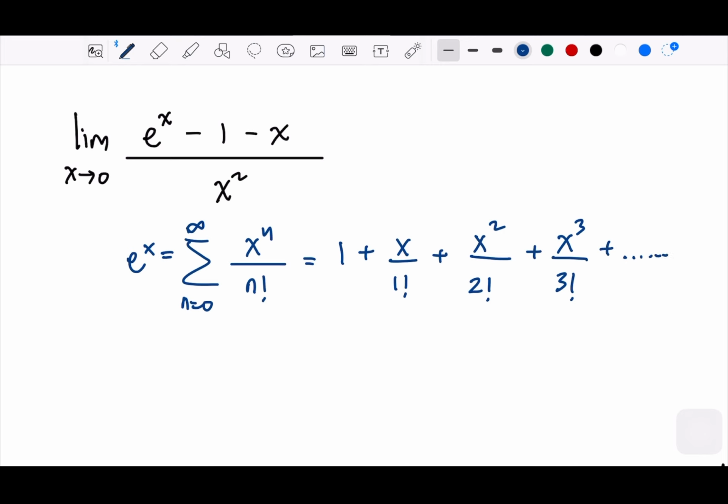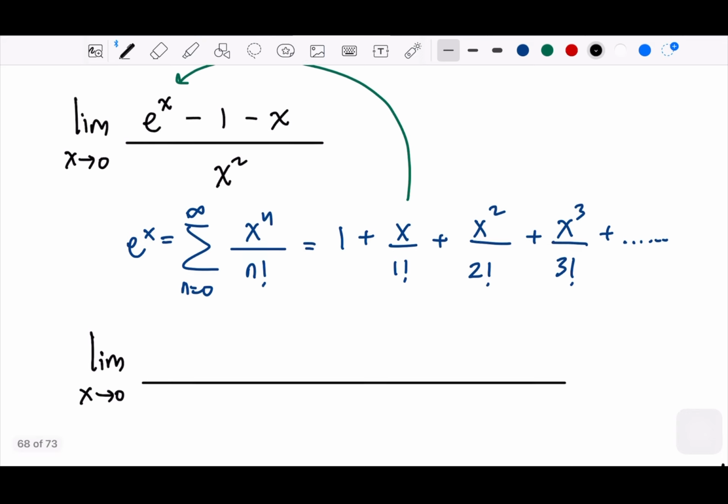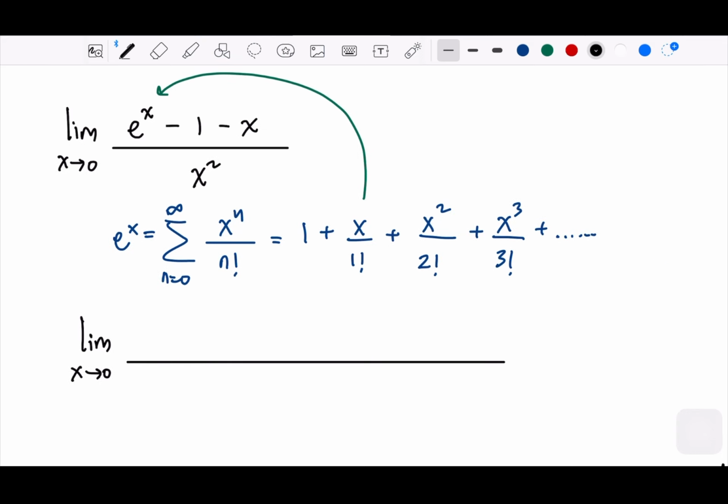Now we can take this e to the x and exchange it for the function that is inside. I think it depends on the limit. Sometimes it is very useful. Sometimes just taking the regular limit as usual will be faster.